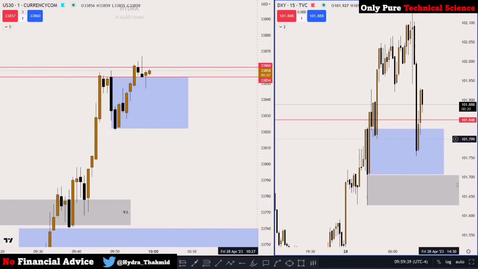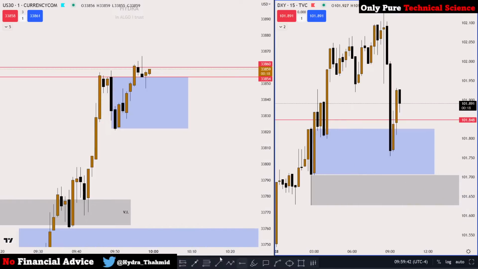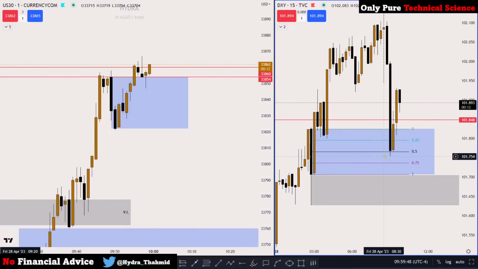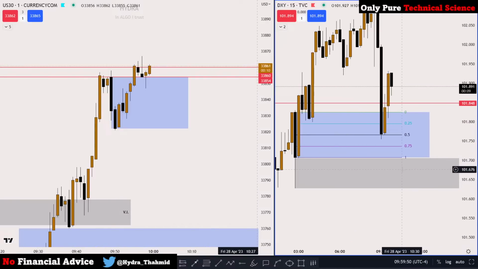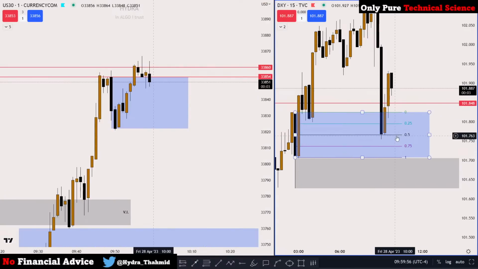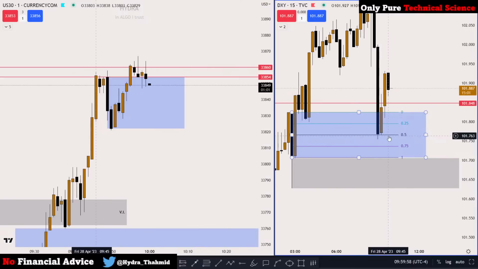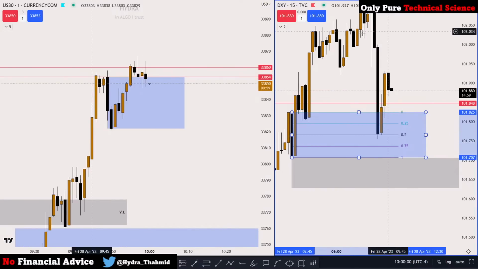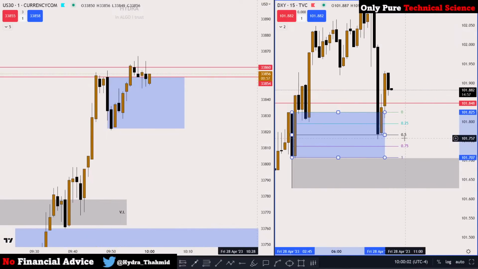If I measure this order block like this, where does the consequent encroachment come in? The midway here. Look at the precision, folks. Price came down, right? Got rejected from the consequent encroachment, sorry, the midway. Do you guys see it? Isn't it beautiful? It is.